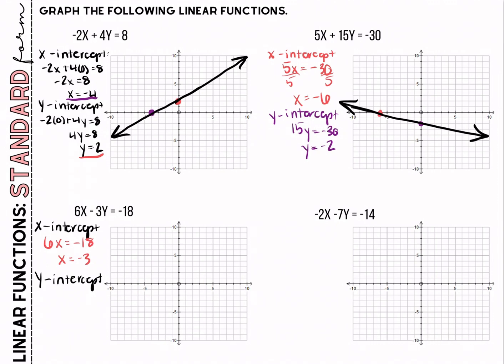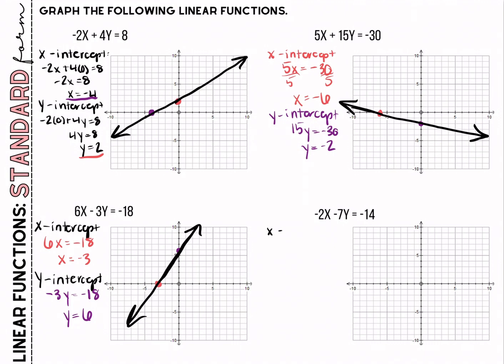I have negative 3y equals negative 18, so y is 6. Now I can graph those. y is 6, and x is negative 3. There are my 2 points, and I'm going to draw my line. Ta-da!